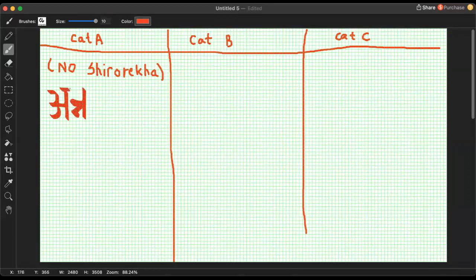In Sharada, A is the same. There's no change.